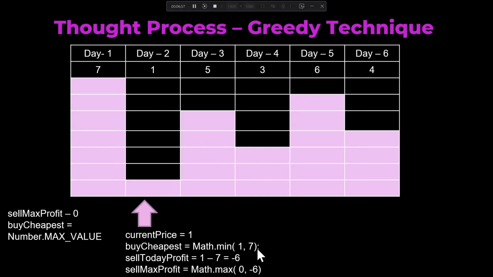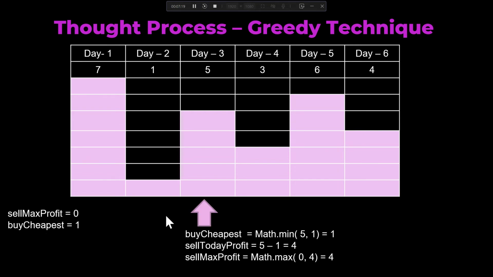So 1 and 7, of course the minimum value is 1, so buy cheapest will be 1, and then we will calculate the profit. When we calculate the profit, 1 minus 7, we have a negative value, and because of the negative value, when we update it, it will be just 0.